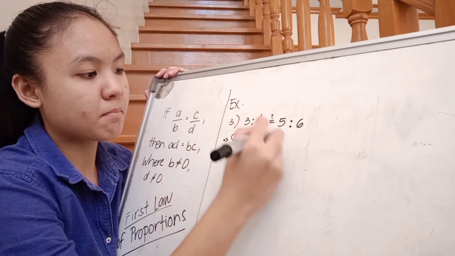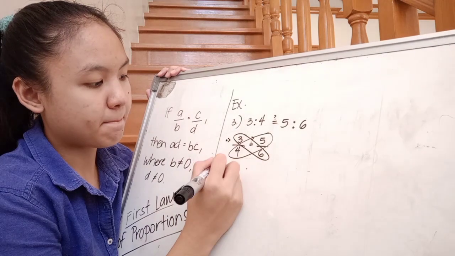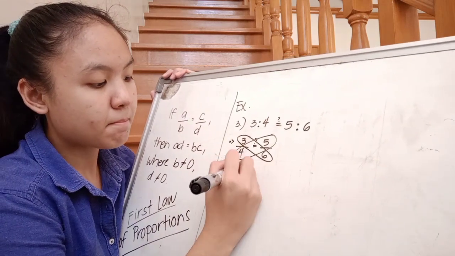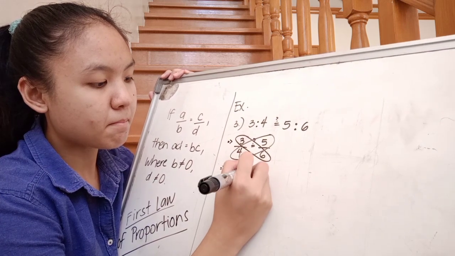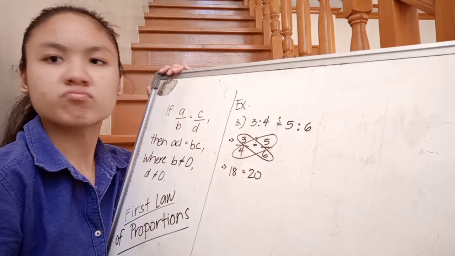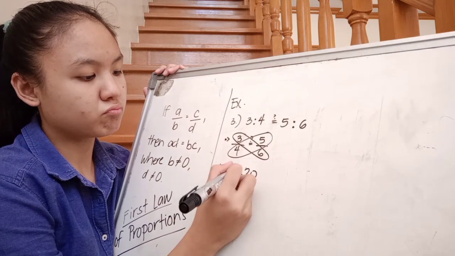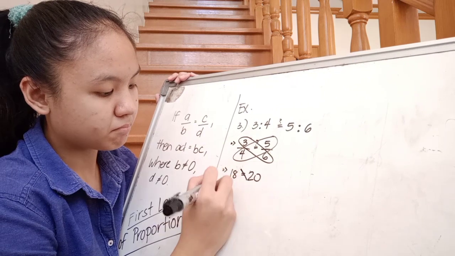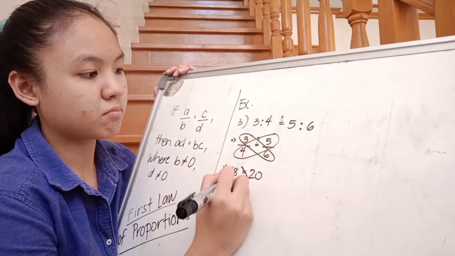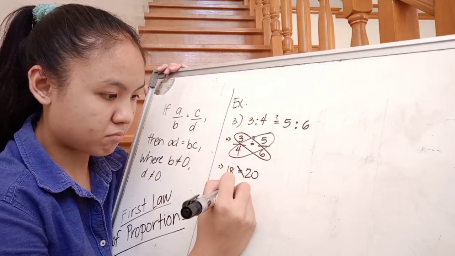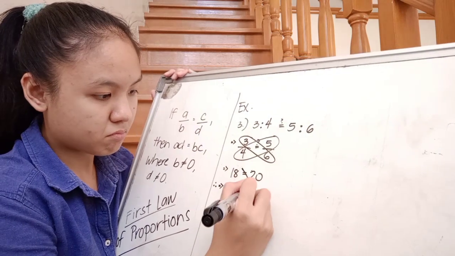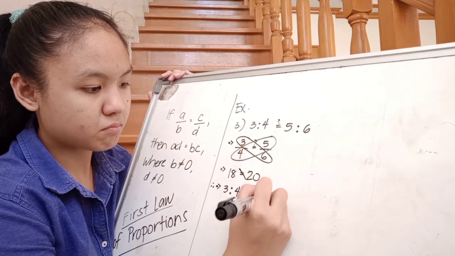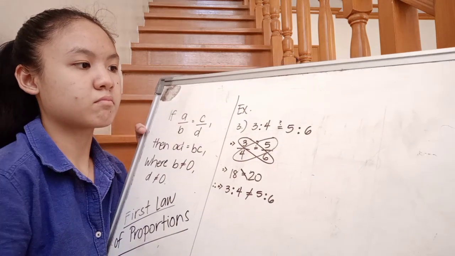Cross multiply. 3 multiplied by 6 is equal to 4 multiplied by 5. And the answers are 18 and 20. So 18 and 20 are not equal. In conclusion, 3 is to 4 is not proportional or not equal to 5 is to 6.